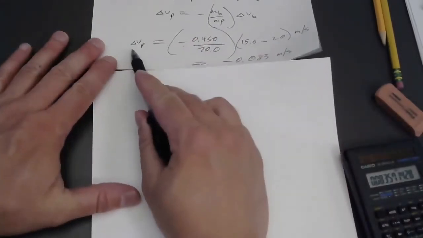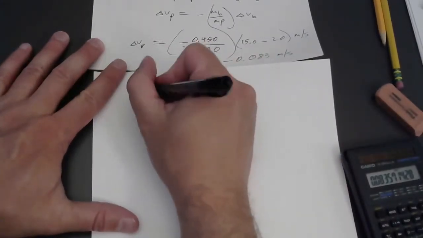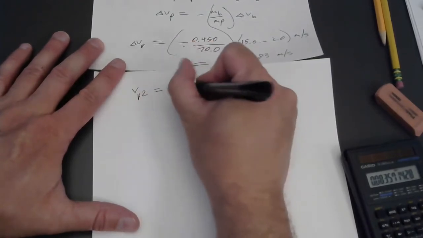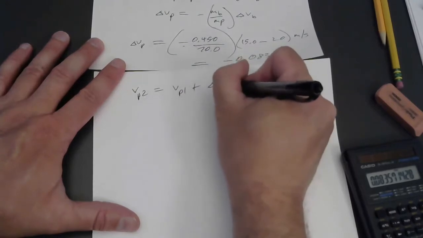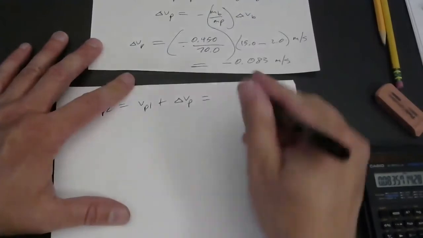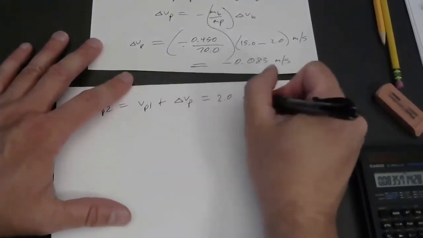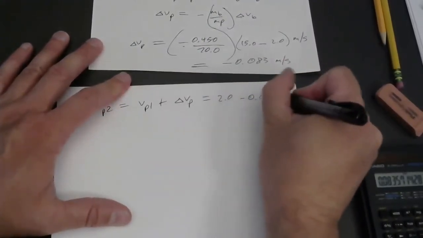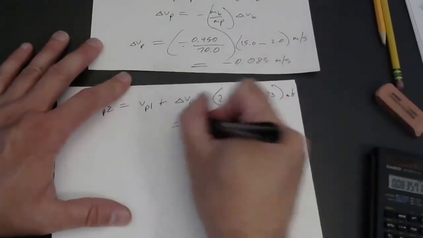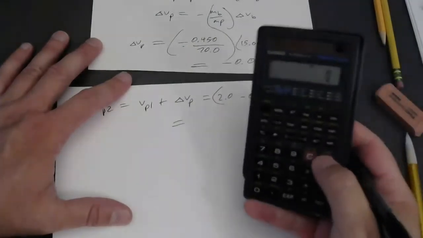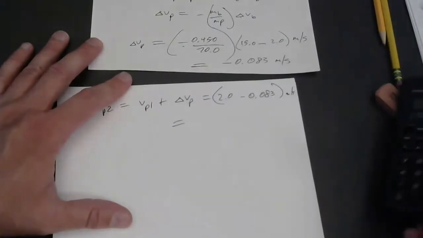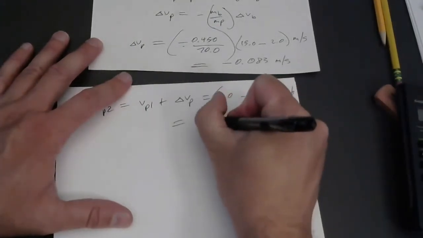So then, since that's delta V for the player, the velocity of the player at time 2 would be the velocity of the player at time 1 plus the change in the player's velocity. In other words, the original 2 meters per second minus the 0.083. And the player is still going at practically the same speed they had originally. 1.92 all around.